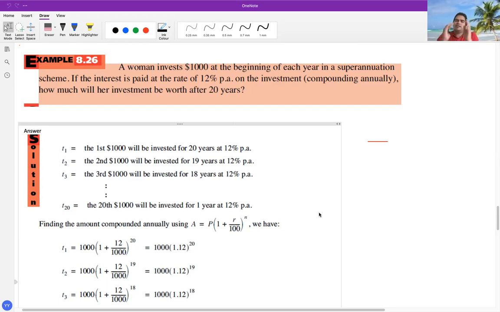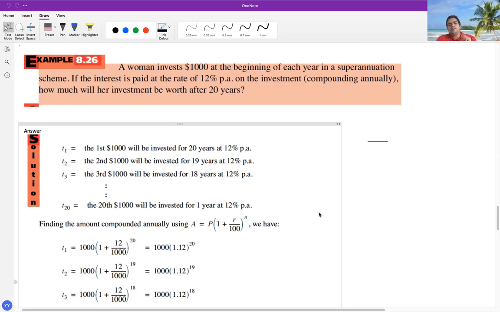I'm just taking $1,000 and depositing it every year, and I'm going to find out how much will be the worth of my investment after 20 years. Or you can say, how much will be the money in the bank account after 20 years.